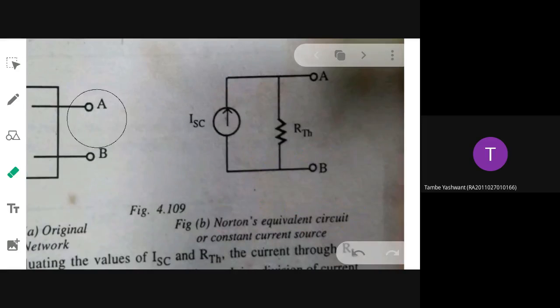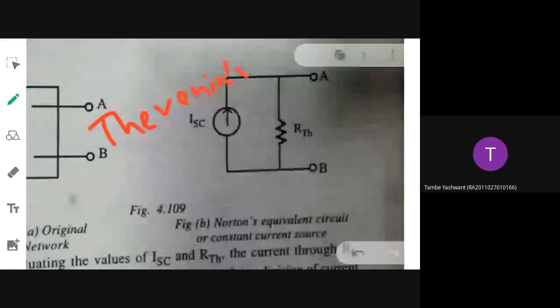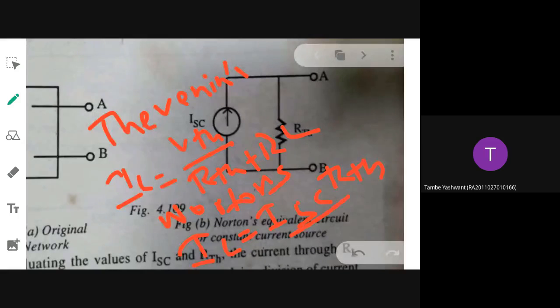For Thevenin's, what was the formula for IL? IL is equivalent to V Thevenin divided by R Thevenin plus RL. But for Norton's the formula will be changing a little bit. IL will now be equivalent to ISC into R Thevenin divided by R Thevenin plus RL. ISC is also denoted as IN, Norton's current.